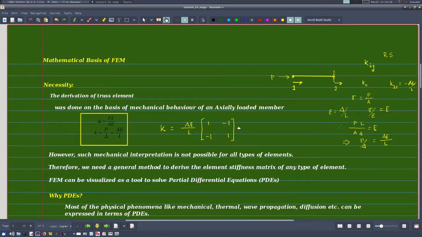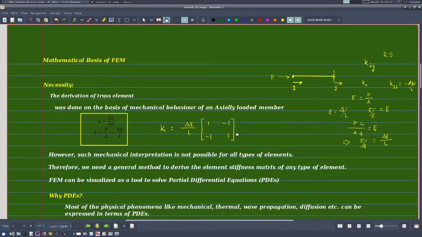This you are already familiar with. You must have used this in solving bar or truss problems earlier by converting this local stiffness matrix in the local direction to the global direction. So we are not going to discuss all those things here.